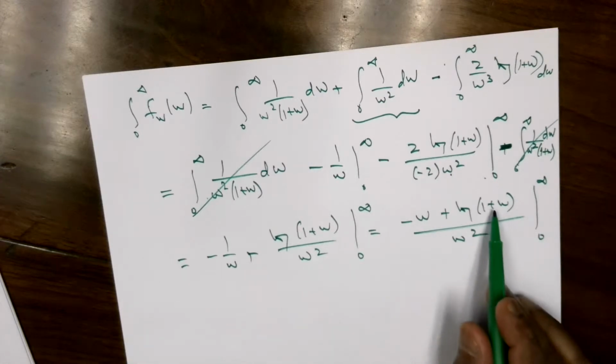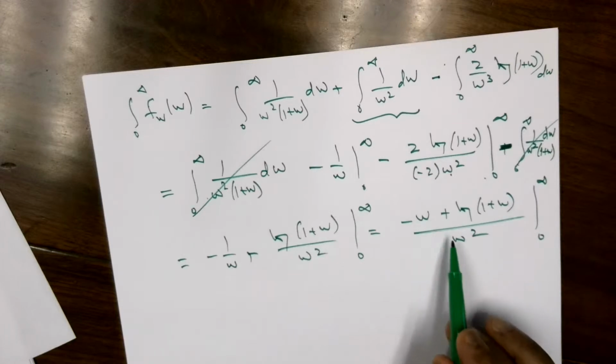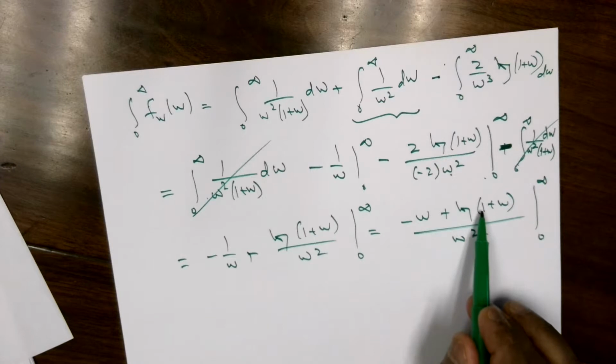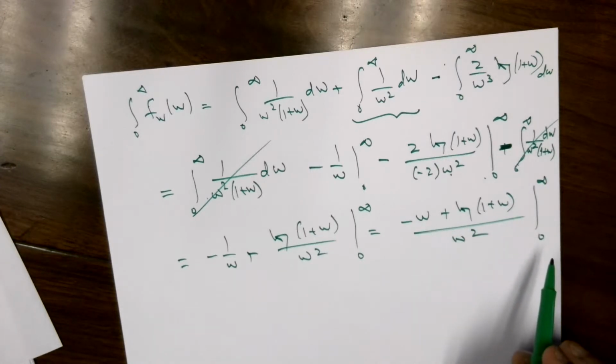If I put in infinity, this will be of the form infinity over infinity. If I put in 0, log 1 is 0, so it's 0 over 0. So both limits are indeterminate.